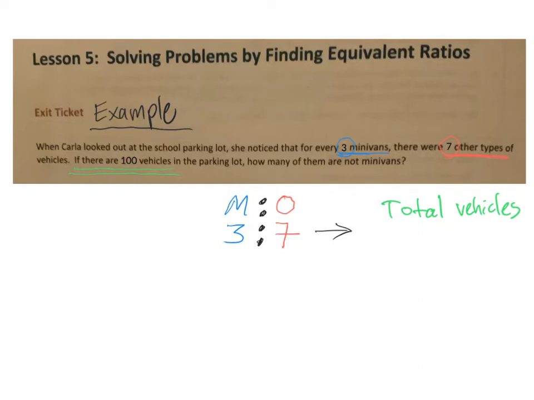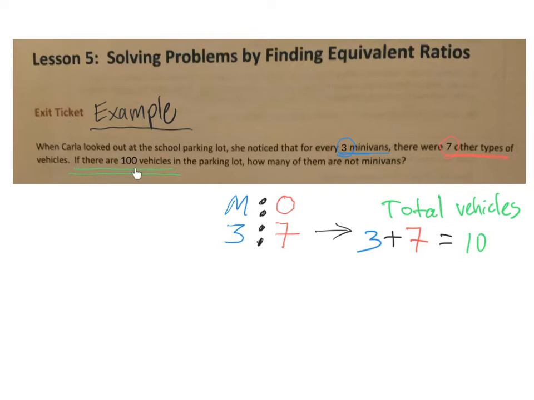So we can add 3 plus 7, 3 minivans plus 7 other vehicles equals 10 total vehicles. So now we have our 10 total vehicles, and we're going to need that because they're going to give us the total number of vehicles.